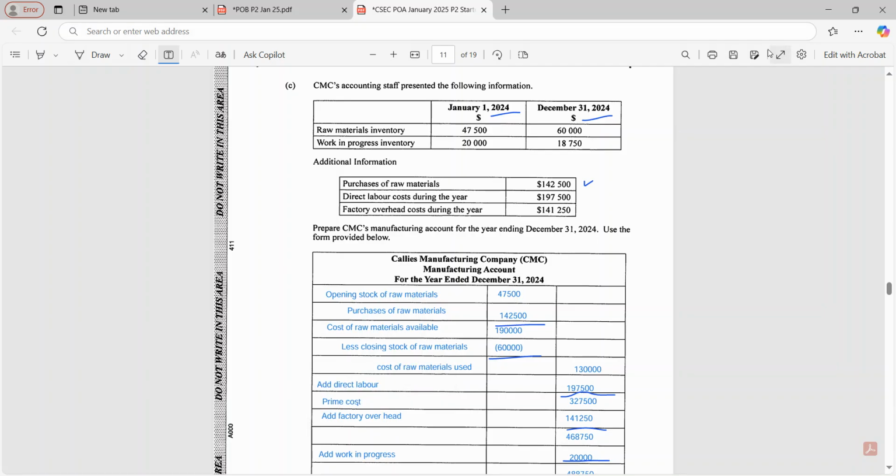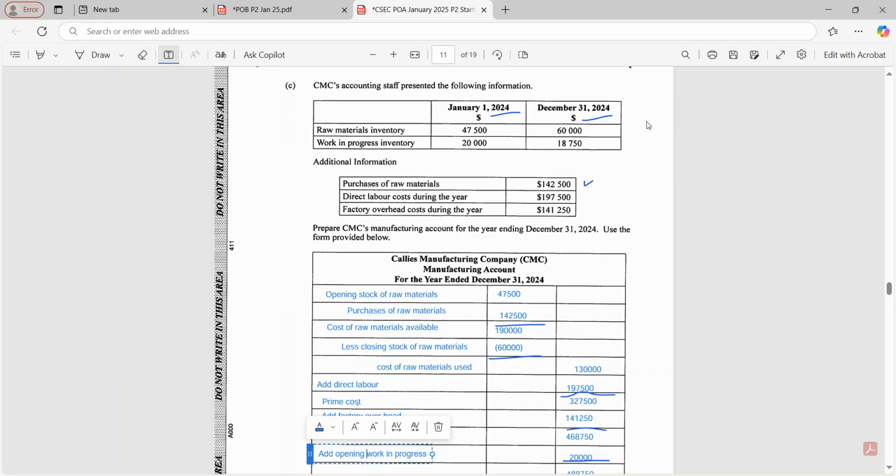Then we're going to add all our other factory overheads. So we have 141,250 because they gave us the figure here, so we don't have to do a lot of working out. 141,250 plus 327,500 will give us 468,750. Then we add our work in progress, starting with our opening work in progress.